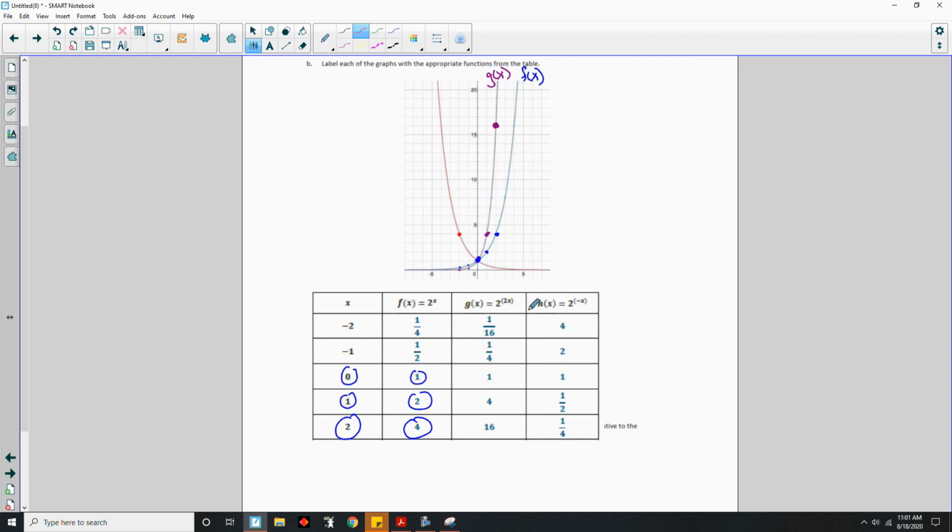Left 1, up 2. We're on that point. (0, 1), again, everybody shares this point. And then (1, 1/2), over 1, up 1/2 is right there. And (2, 1/4), over 2, up 1/4. So the red one is h of x.